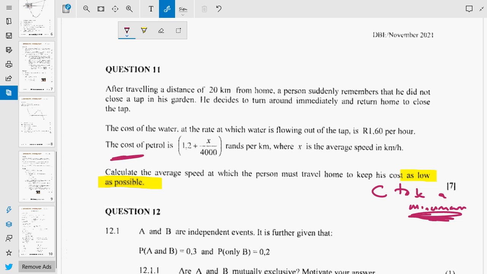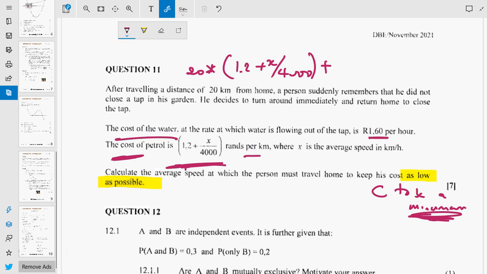Now we have the cost of petrol and the cost of the leaking water. The cost of petrol is this expression per kilometer. Going back home is 20 kilometers, so if it's this amount per kilometer, that means I've got 20 times (1.2 plus x over 4000) plus, now the cost of leaking water is 1.60 per hour.